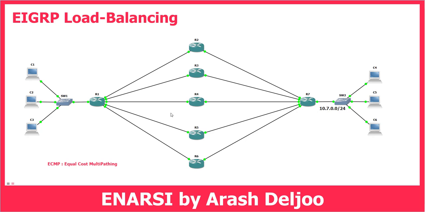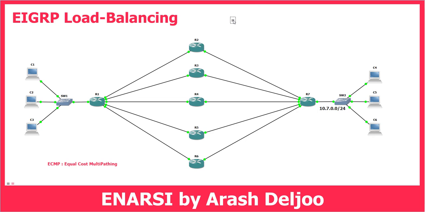Look at here. As you can see, we have 5 paths from router 1 to, for example, 10.7.0.0/24. Actually, these 5 paths are equal. This means that we don't have any difference between the paths from R1, R2 to R7, R1, R3 to R7, R1, R4 to R7, and also R1, R5 to R7, and R1, R6 to R7.